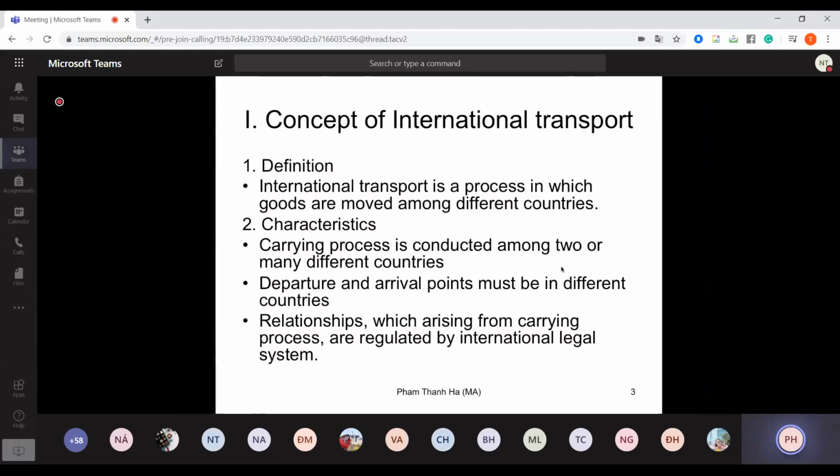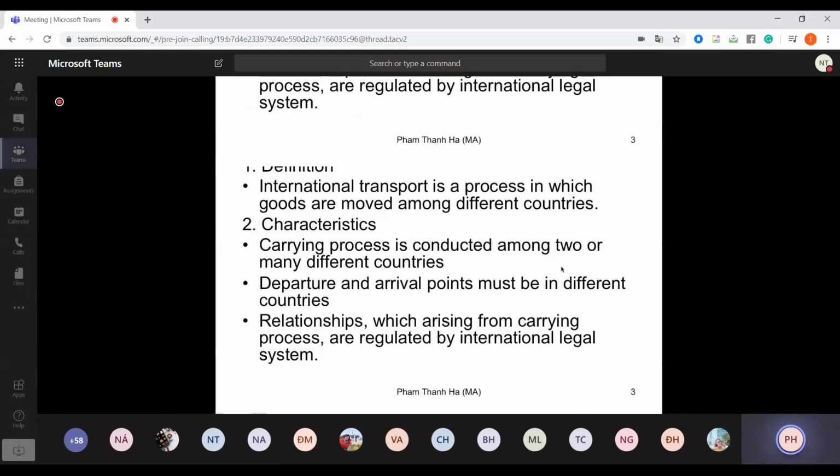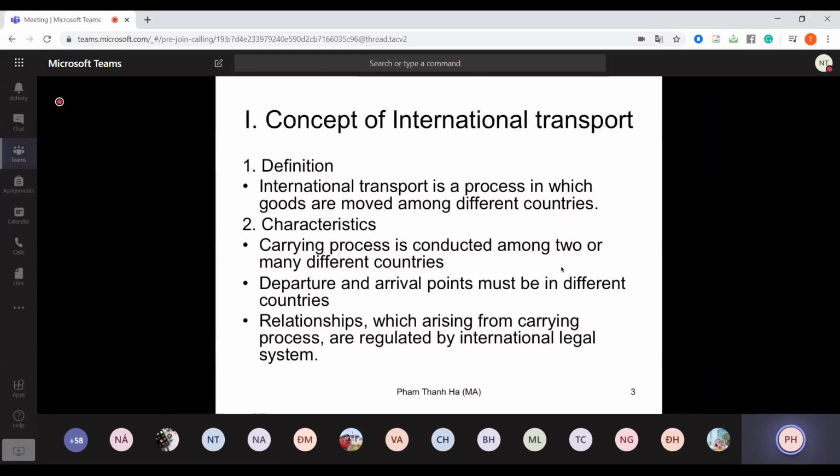Customs procedure is also a very important procedure that the exporter and importer need to do for their goods, but it is more related to export and import activities than to the transportation process. So once again I'd like to focus on the relationship between exporter and importer and the carriers.